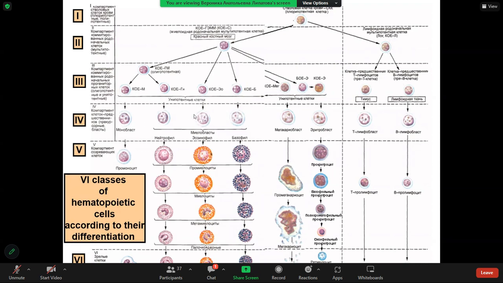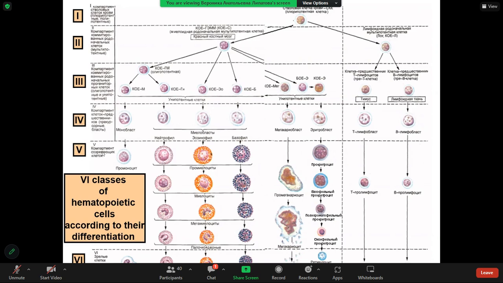This cell is larger than small-sized lymphocyte with well-visible multiple nucleoli in nucleus. Are you with me? Yes. Okay. And also basophilic cytoplasm. Multiple nucleoli are typical for blast cell. This is class number 4 of hematopoiesis.